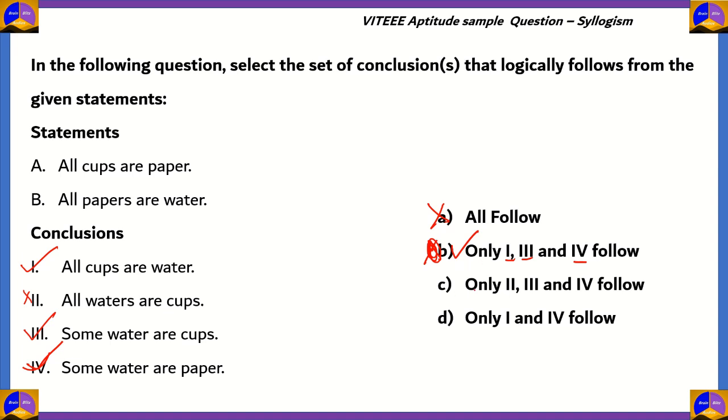And if you look at option C, then it says that statement 2 is correct, where in fact it's incorrect. And if you look at option D, it says that only conclusions 1 and 4 follow. So conclusion 3 is eliminated and said to be incorrect, which is not true. So the correct option is option B, only 1, 3, and 4 follow.